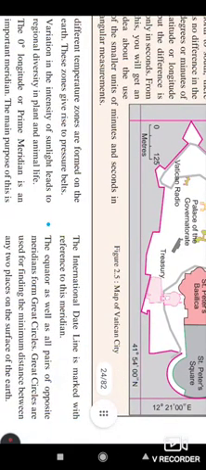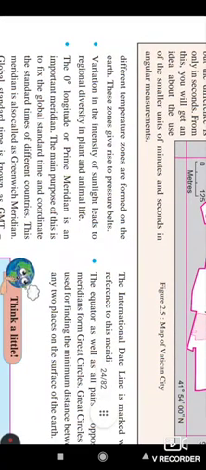Okay, it is in the north hemisphere. This country is situated in Italy.